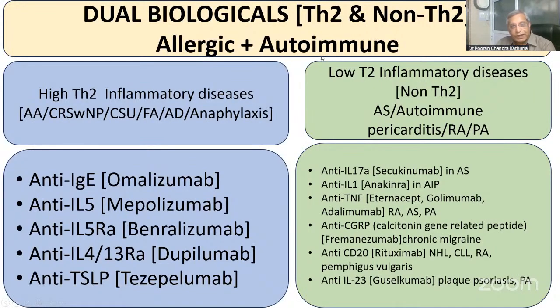Now these are the combinations which have been given, but Dr. Rakesh has very well mentioned autoimmunity also. In autoimmune, we get cases of asthma with ankylosing spondylitis. The combination is also synergistic. One of my patients is on secukinumab with omalizumab or adalimumab. So both are synergistic.